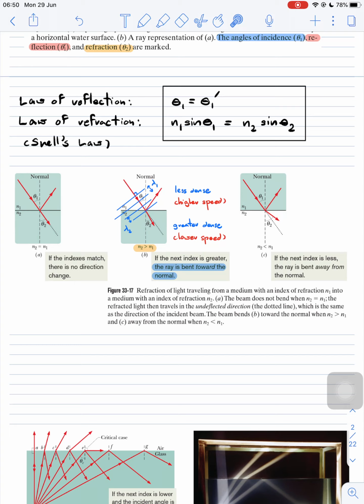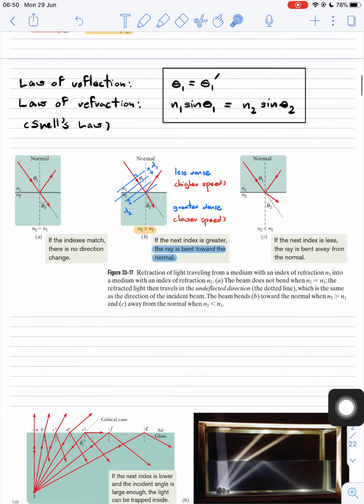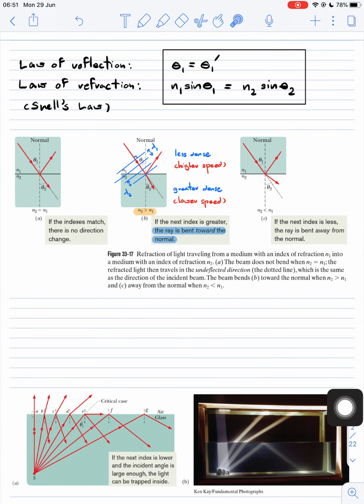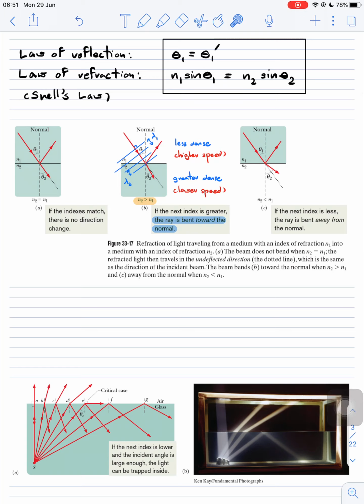But on the other hand, if the light ray is coming from the higher density to the less density, let's say we have n1, which is denser, and n2, which is less dense.